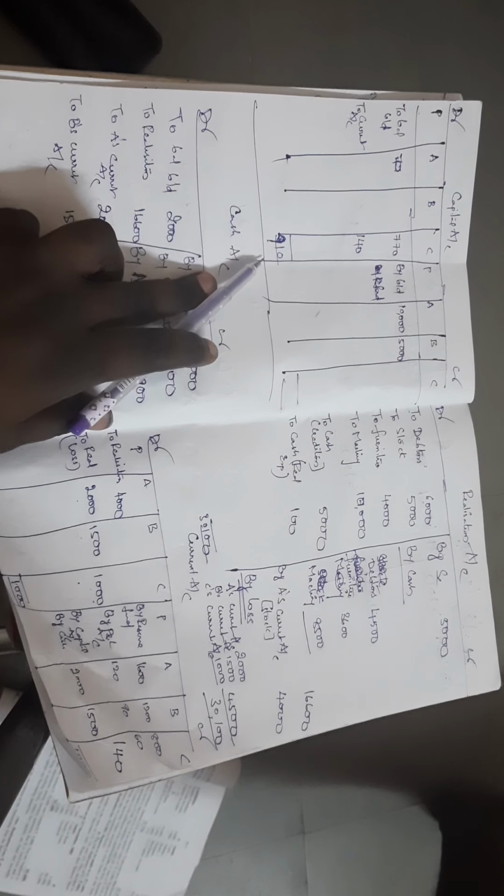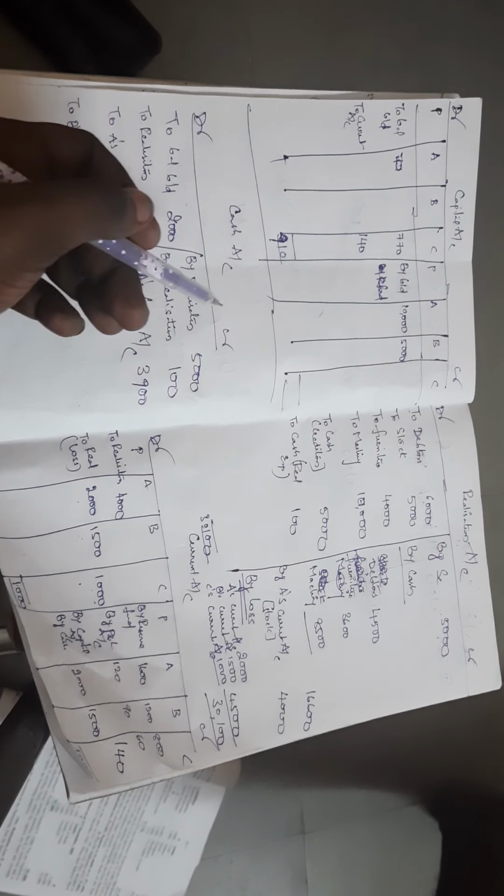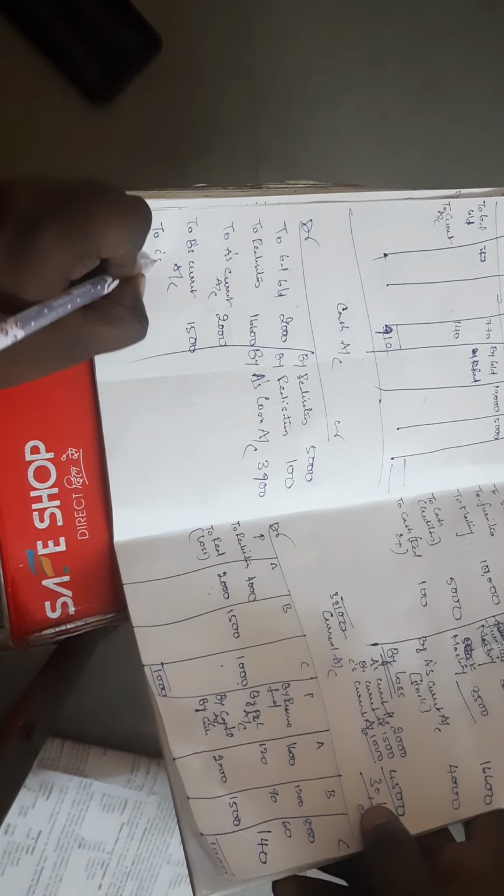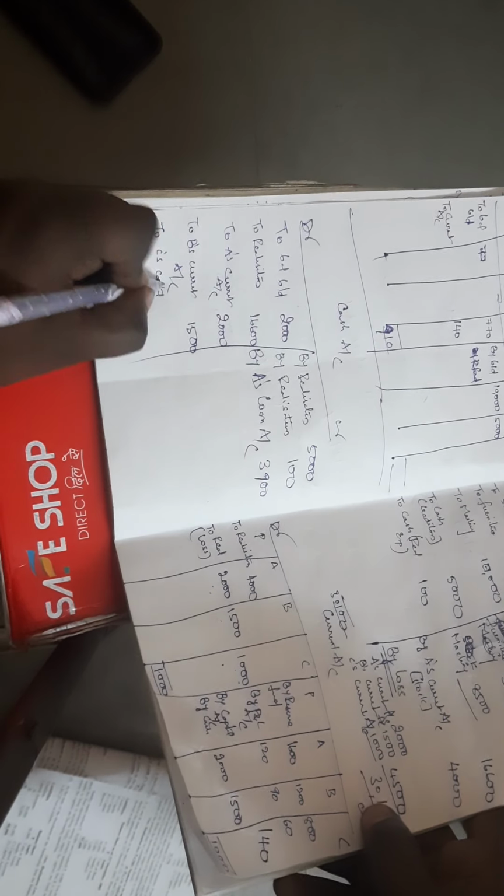But out of this 910, the question already says that even though C became insolvent, we are able to collect 430 rupees. So now I am collecting the money, to C's capital account, because here the current account is already closed.